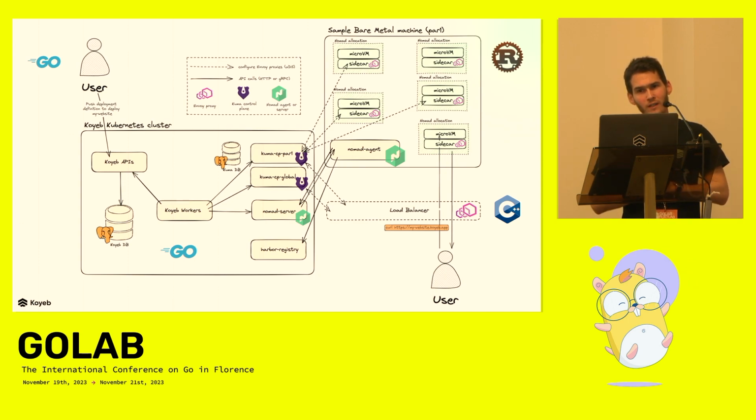So that's where you get all of it at the same time. It's more or less the same view. On the left side, you have the control plane, and on the right side, you have what we call the data plane, where our users' workloads are running. If you go from the user on the top left, basically it was us using the CLI just before, which is written in Golang, and actually most of the tooling that you might use is written in Golang.